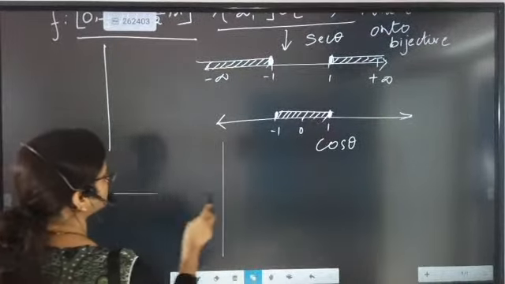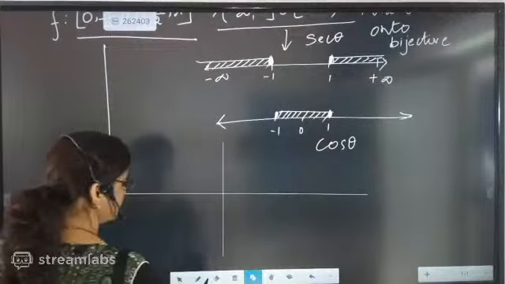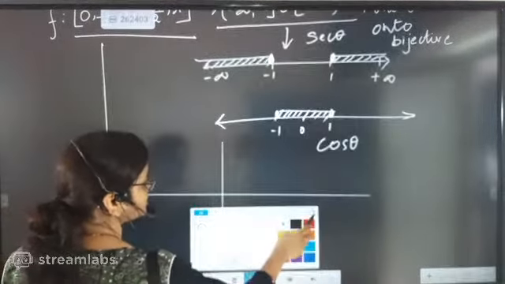For bijection, which section are we taking for bijection now?